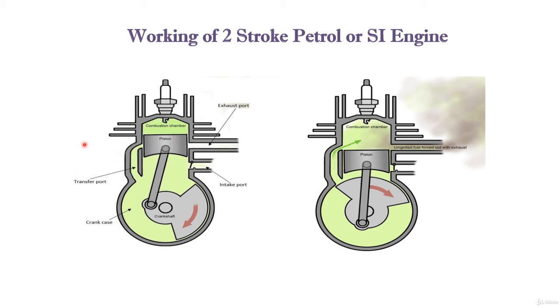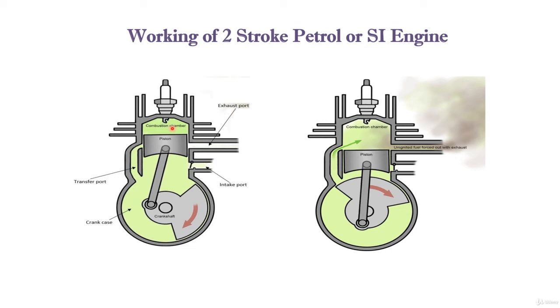The crank chamber enlarges so that the air and fuel mixture is sucked in, while the combustion chamber, which contains the air-fuel mixture, shrinks. This condition makes the air-fuel mixture in the combustion chamber compress so that the temperature and pressure rise.